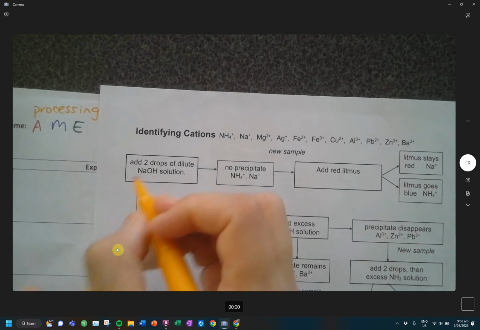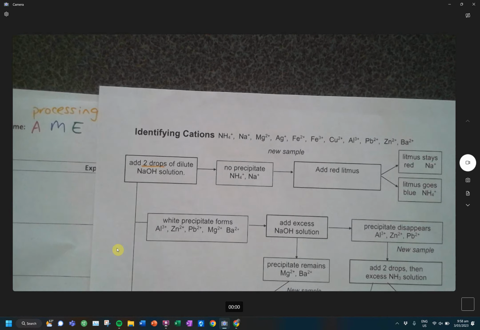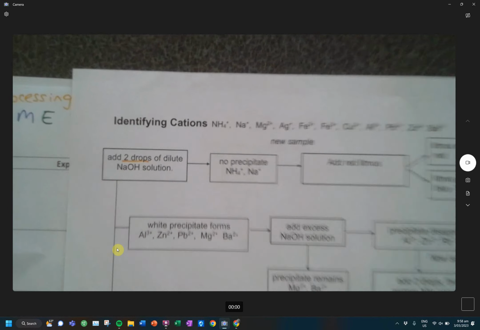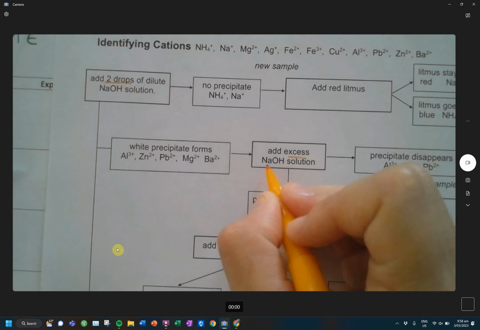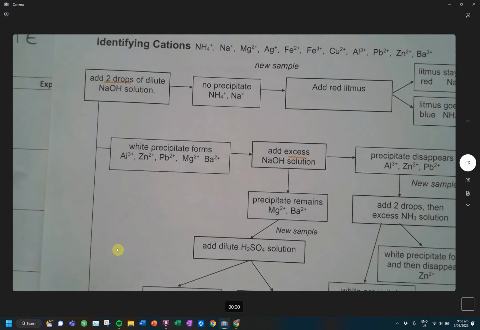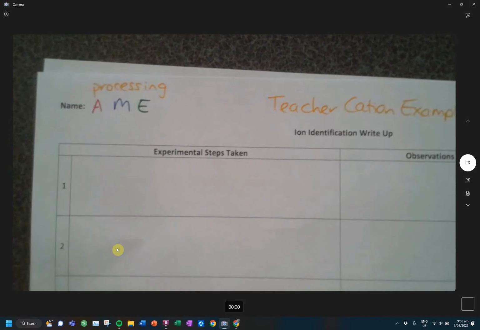It is really important that you only add 2 drops because later in our flow chart, some of them have the option of adding excess. So really key that you do the 2 drops first and then you saturate it to see if you can form a complex ion. So let's write that as my first step.